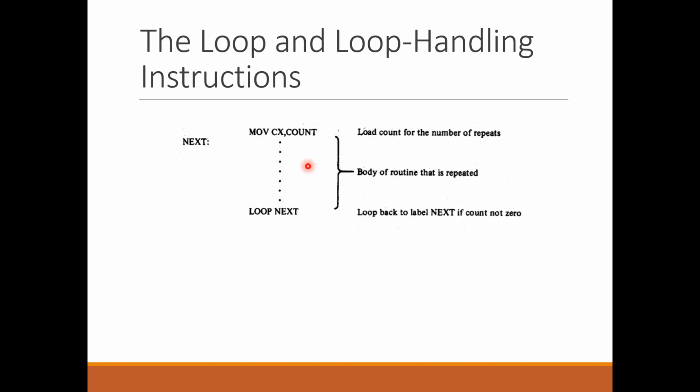So this is the basic structure of the loop. You need to give a count to CX. For example, if you want this loop to repeat 10 times, you move 10 into CX, and then comes the body of the loop.